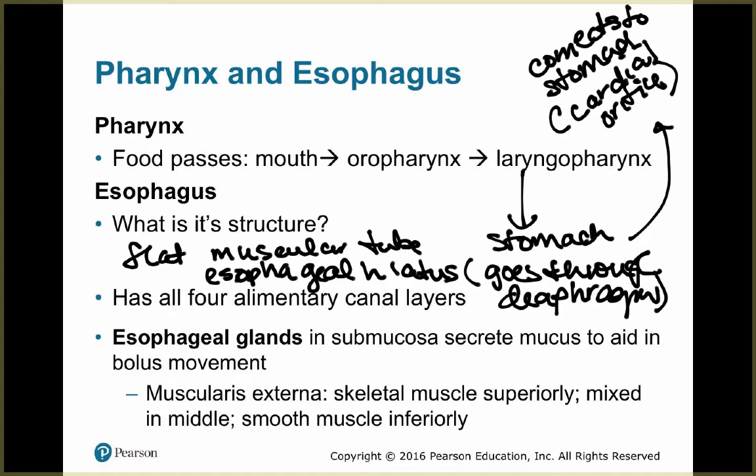And again, if you remember, there is the area called the muscularis externa, and this has skeletal muscles that help to mix, and then smooth muscles in there as well. And so that helps with the movement or the propulsion with the peristalsis and the mixing.